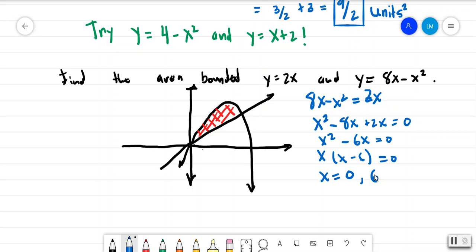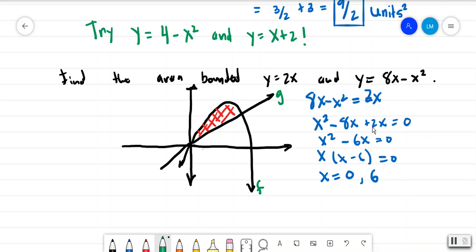So note that basically the parabola is the one that's on top. Notice that when we did our subtraction, I moved everything around so that this becomes positive. So if this is g of x and this is f, what I wrote down over here is actually g minus f, so it's the other way around.